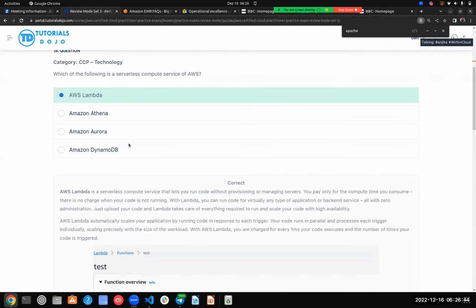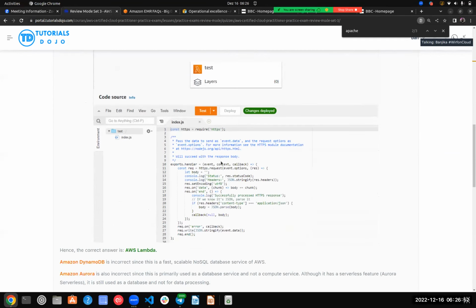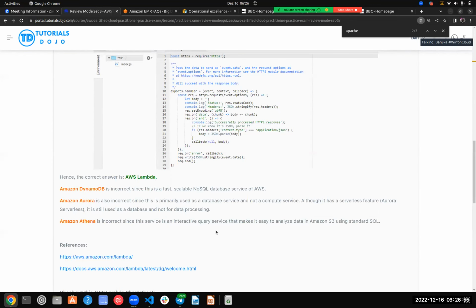So you can think of Athena as compute. That's why I was saying that we go to compute here. It's serverless, but we are looking for a compute service. They could ask the question tomorrow and it says serverless interactive query service that makes it easy to analyze data in Amazon S3 using SQL.